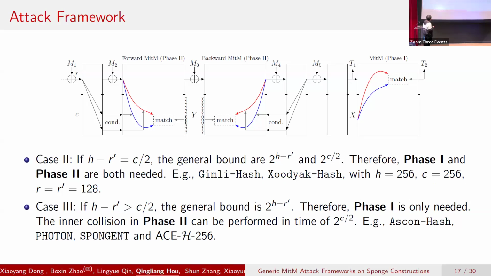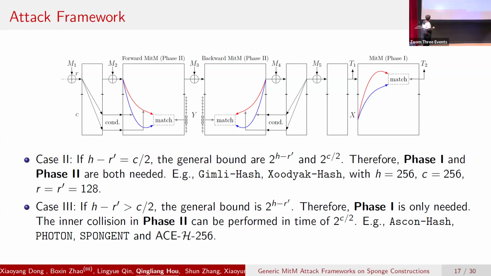For the second case, if H minus R prime equals C over 2, the general bound is 2 to the H minus R prime, and 2 to the C over 2. So phase 1 and phase 2 are both needed, and typical examples are Gemini and Zodiac.